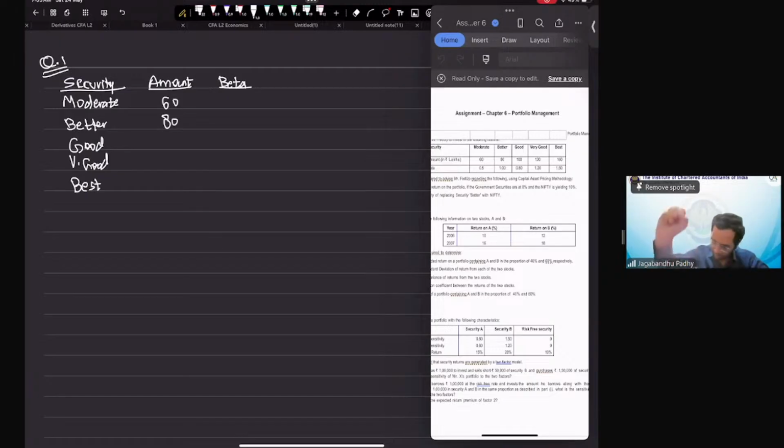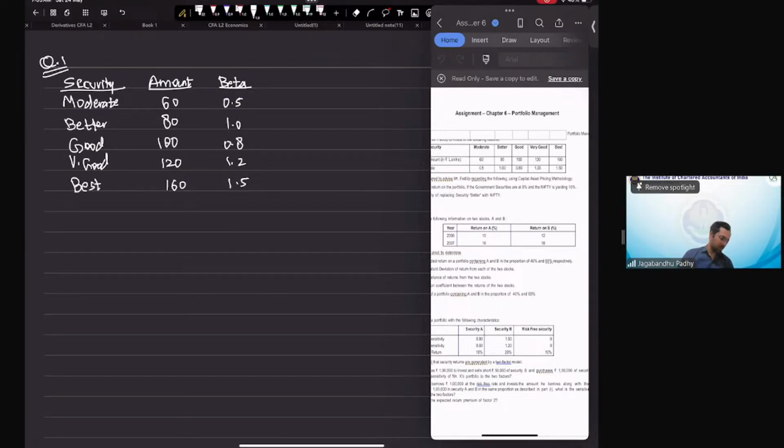So the amounts are 60, 80, 100, 120, 160. Beta is 0.5, 1, 0.8, 1.2, and 1.5. Now we need to get the portfolio beta.